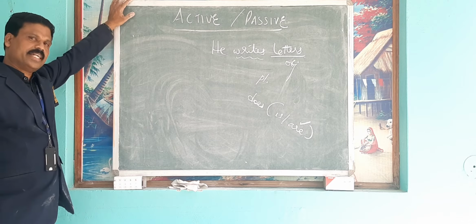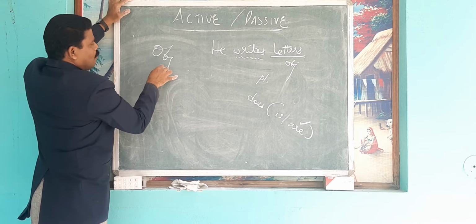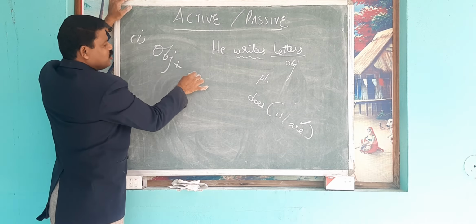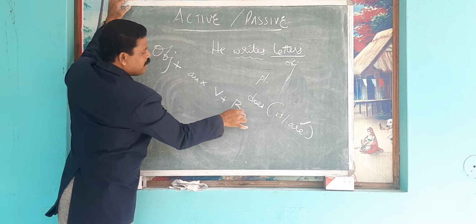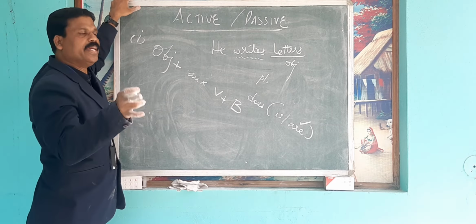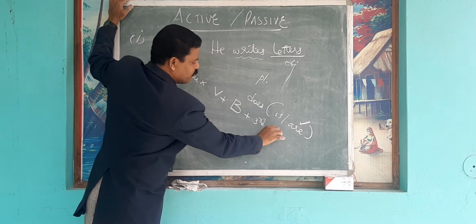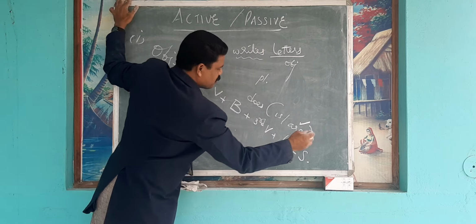So we are going to study the first rule. Rule number 1. Object plus auxiliary verb plus capital B, which indicates be, being, been, plus third form of verb plus by plus subject.